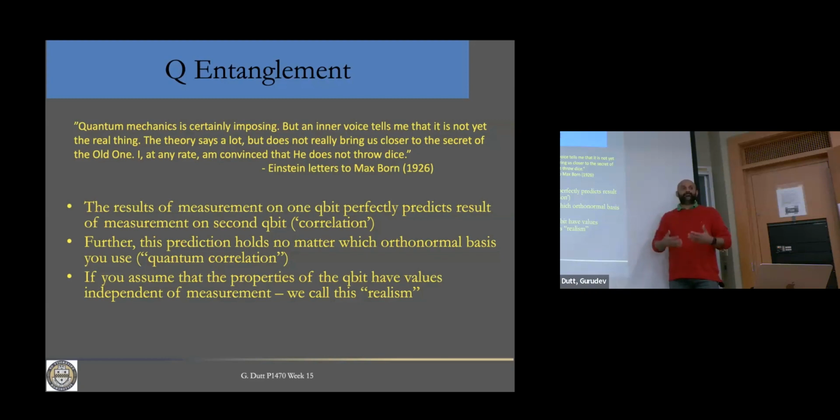So we expect that the greenness of the leaf is going to hold independent of whether we measure it or not, okay? And the same can be said for almost any classical phenomenon. We expect even when we're not looking at it, the sun is still there and it's still shining on the planet, right? So that's what we mean when we say realism. We are thinking that properties have some reality independent of us measuring them, okay?